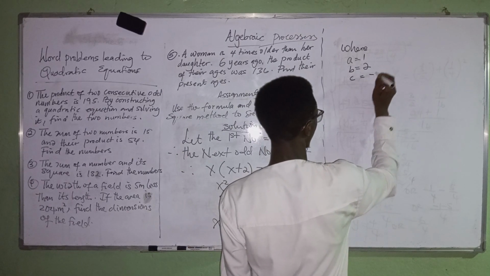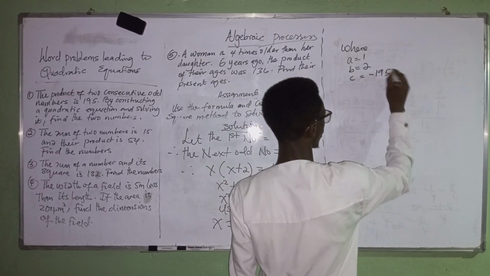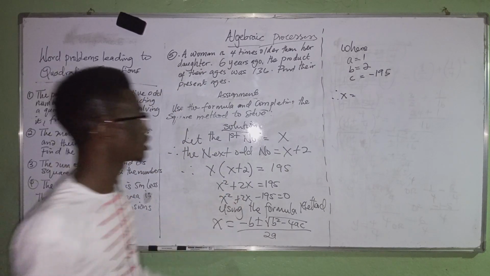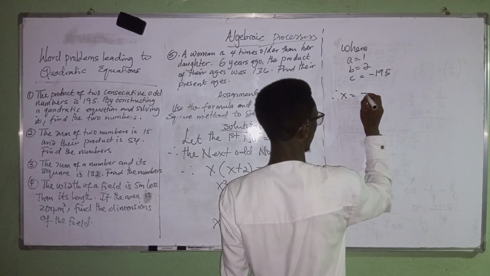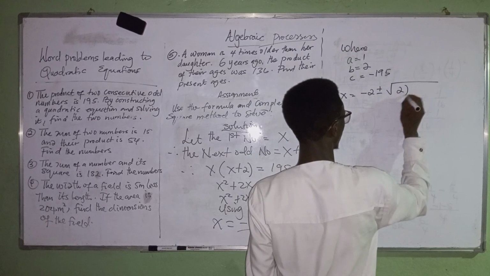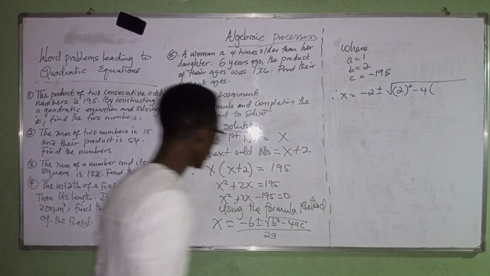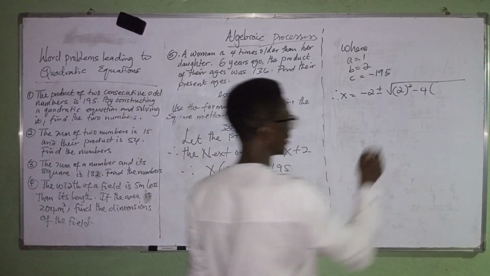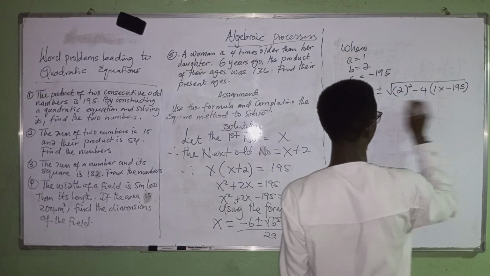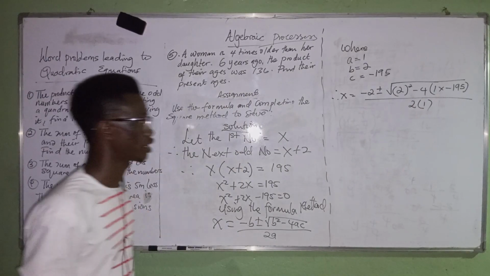And c equals minus 195. So x equals minus b, and b is 2, so this gives minus 2 plus or minus the square root of b again, which is 2, so 2 squared minus 4 into a, which is 1, multiplied by minus 195, close bracket. Everything here divided by 2 into a, which is 1 as well.